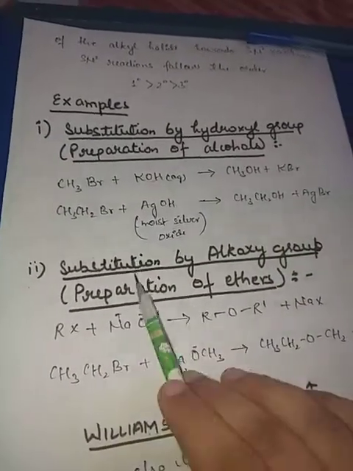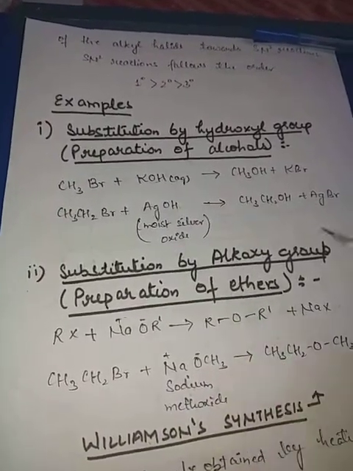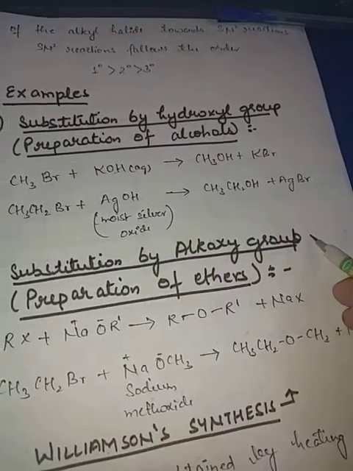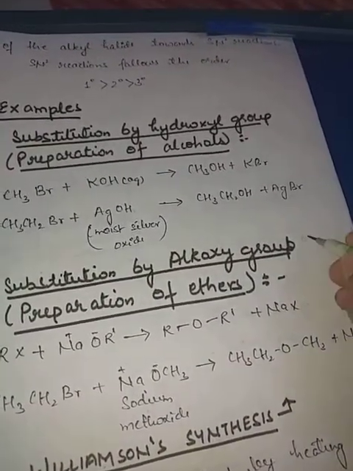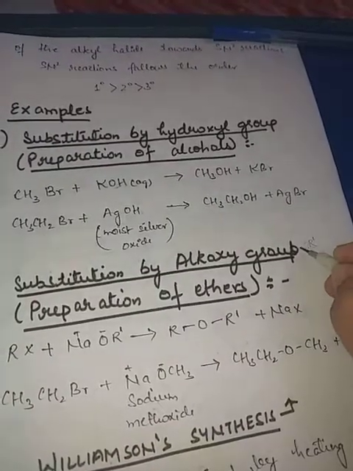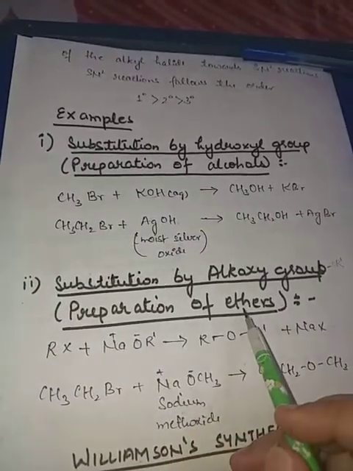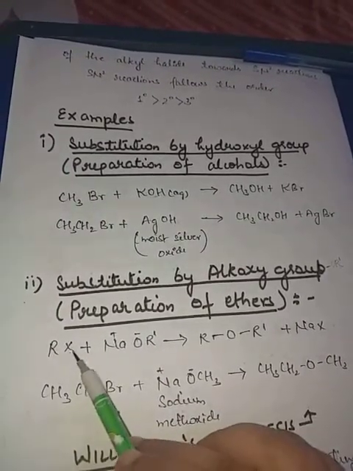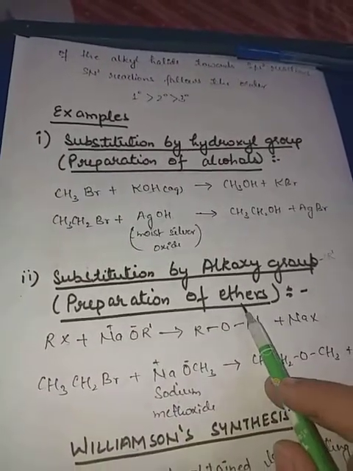Now the second is the substitution by alkoxy. An alkoxy group means oxygen is there and an alkyl group is there. So if the halogen is displaced by alkoxy, meaning OR is attached, we will get ethers.